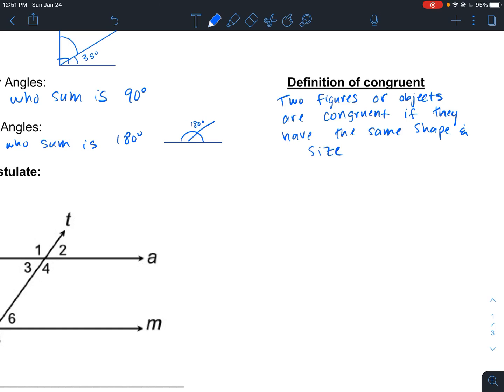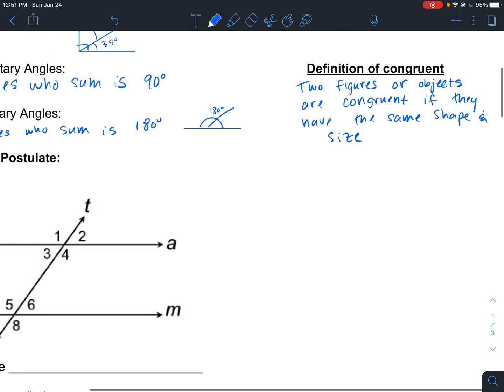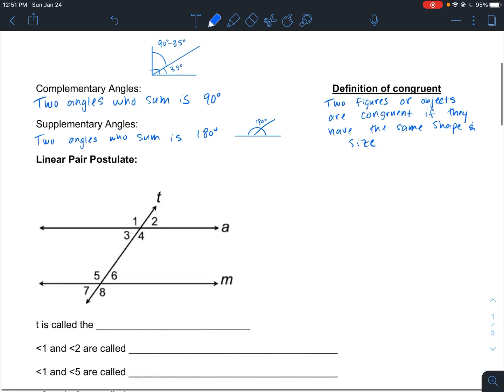You'll hear me use congruent a lot today. When two figures or objects have the same shape and size, we use this to talk about shapes, we use this to talk about length, we use this to talk about angles. So we'll be using that quite a bit.